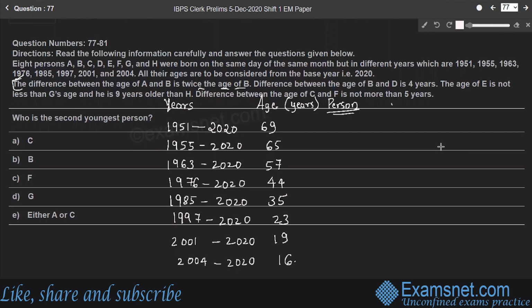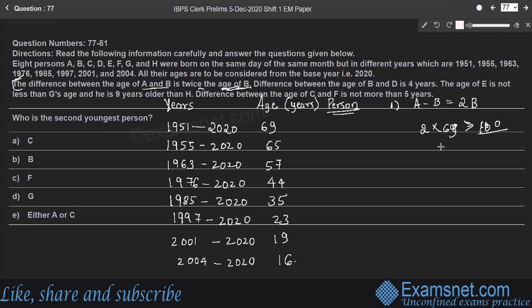Since it is given that it is twice the age of B, B must be a younger one, not particularly the youngest. If B's age is 69 years, for example, twice the age of B becomes more than 100 years, which is practically not possible.